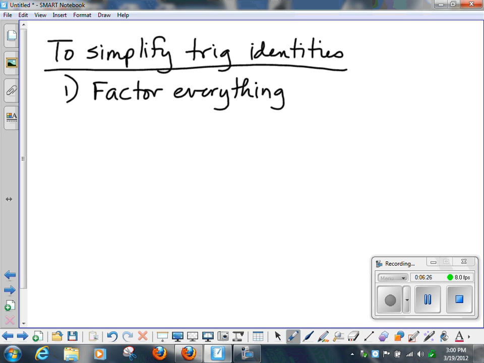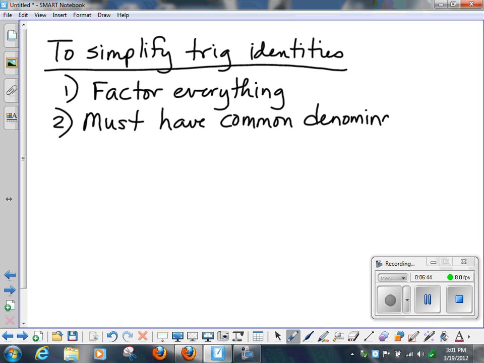I love this stuff. I don't know why. I'm kind of weird. But I love it. Second thing you got to be able to do is you have to remember that you must have common denominators. You must have common denominators.